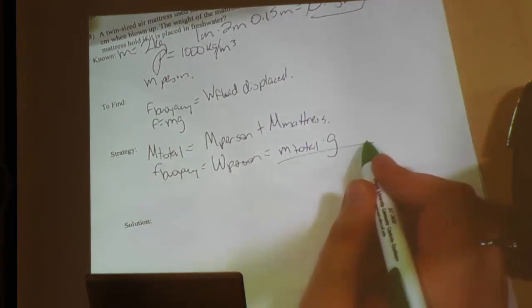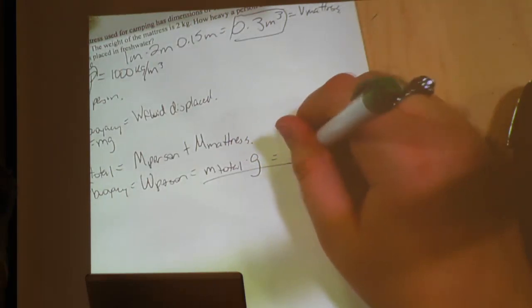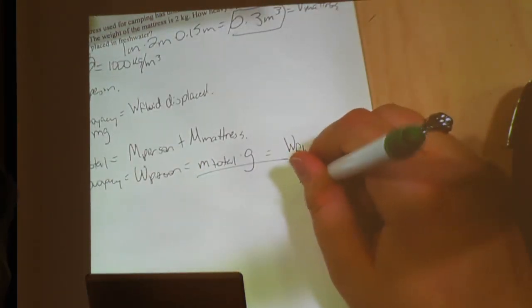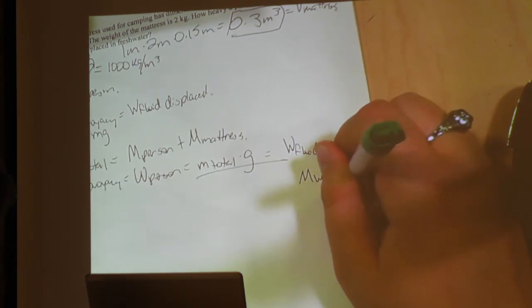So if we know that the force of buoyancy is equal to mass total times gravity, which is also equal to the weight of the fluid displaced, as we already covered, this is going to be equal to the mass of the water times gravity.